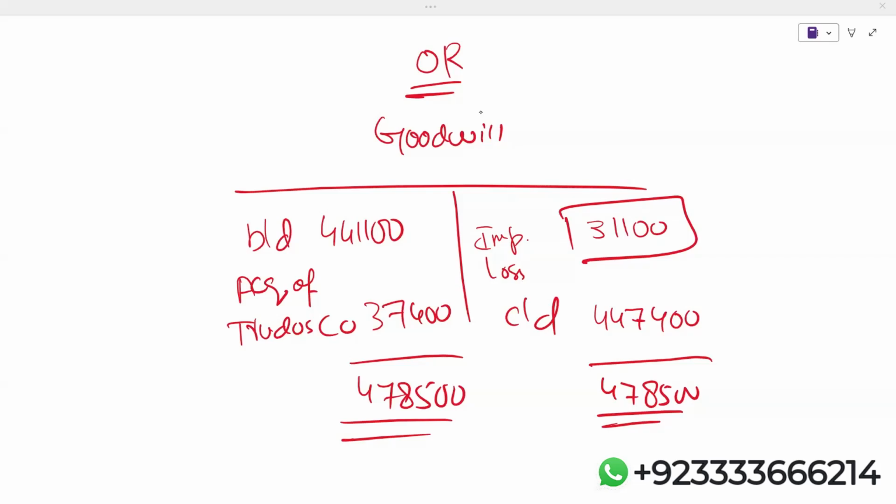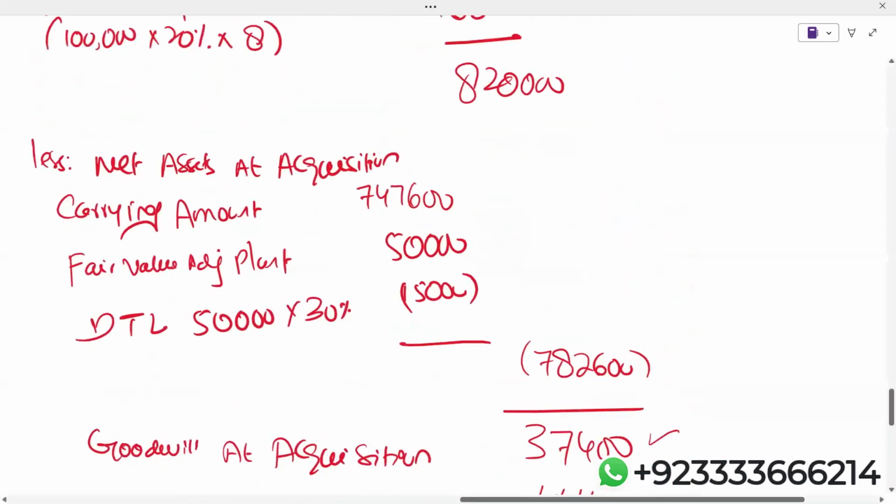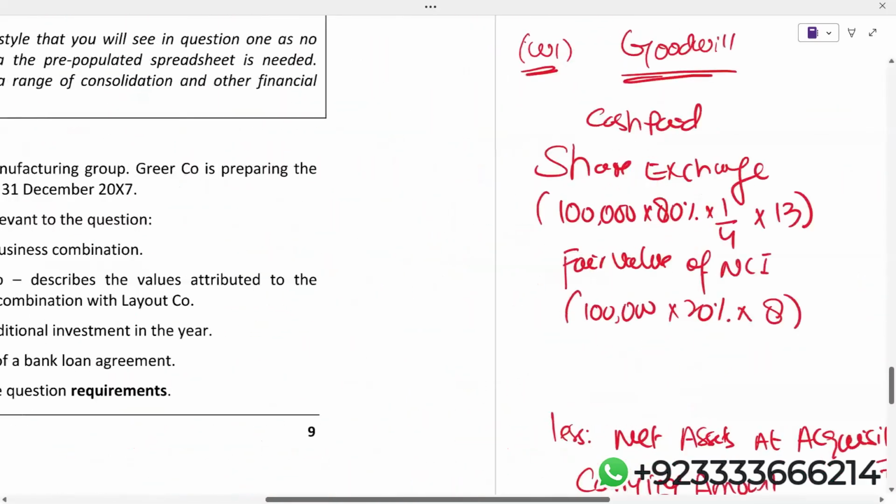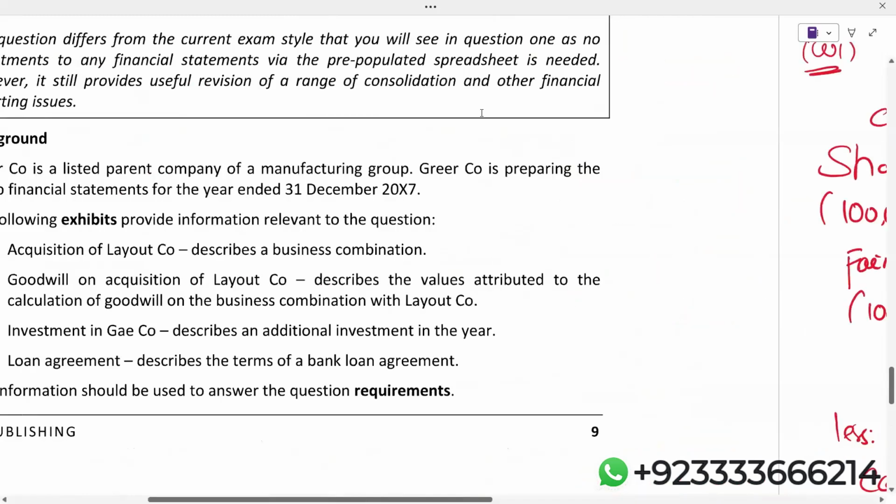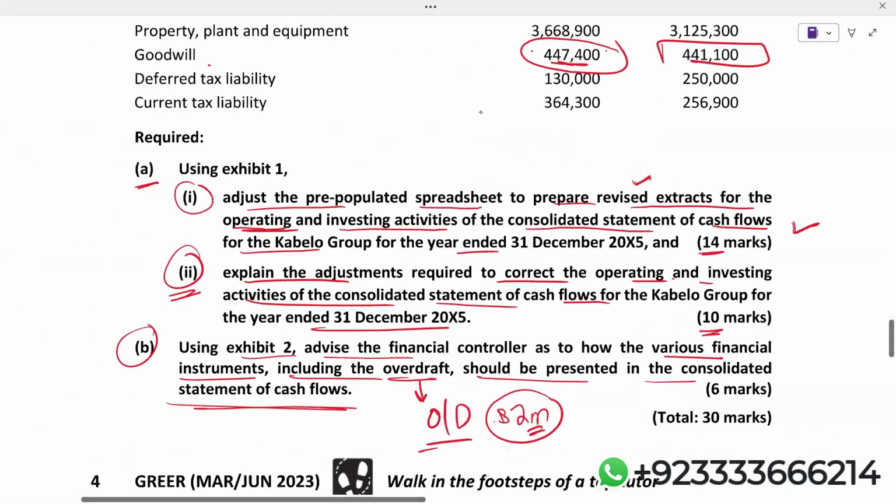And whatever adjustments we'll be doing in A1, all you need to do is explain these adjustments in A2 as well. Okay, this is goodwill. Question, students.